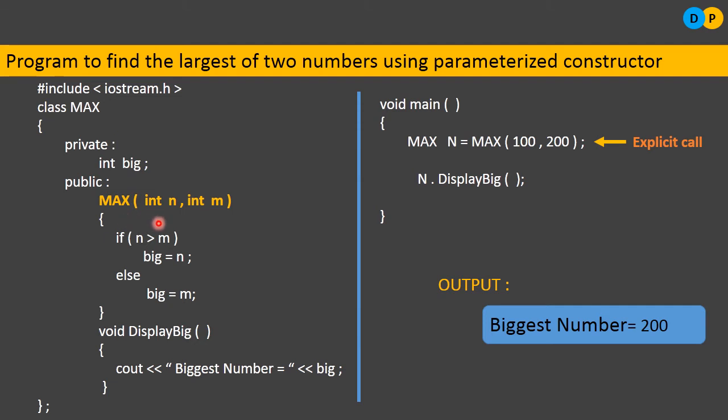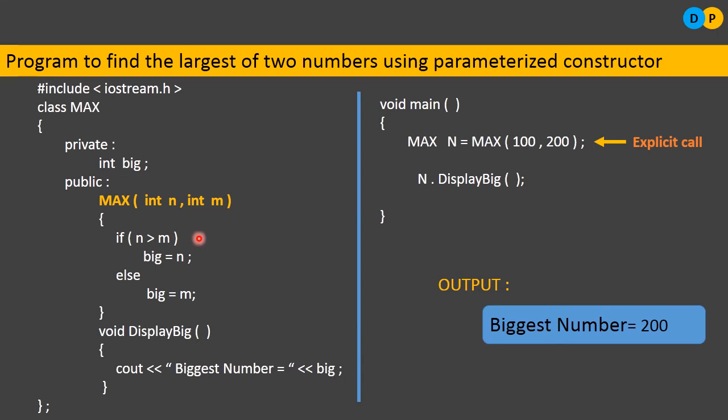How can you say that? Because here we have arguments. A default constructor won't consider any arguments, but a parameterized constructor will. So here there are arguments, int n and int m, two arguments. What we are checking here: if the value of n is greater than m, then the data member big will be assigned the value n.